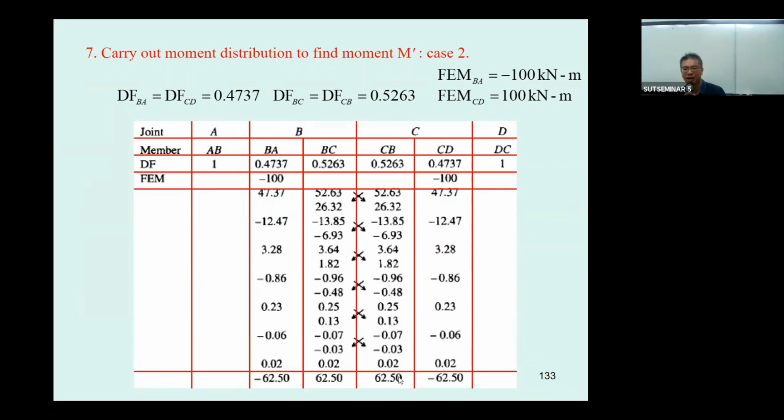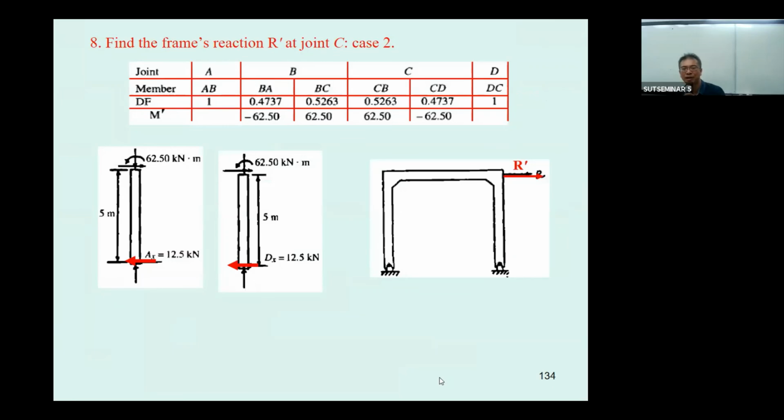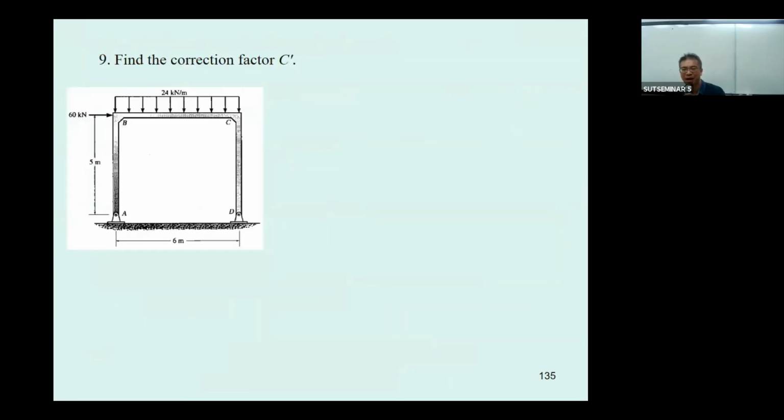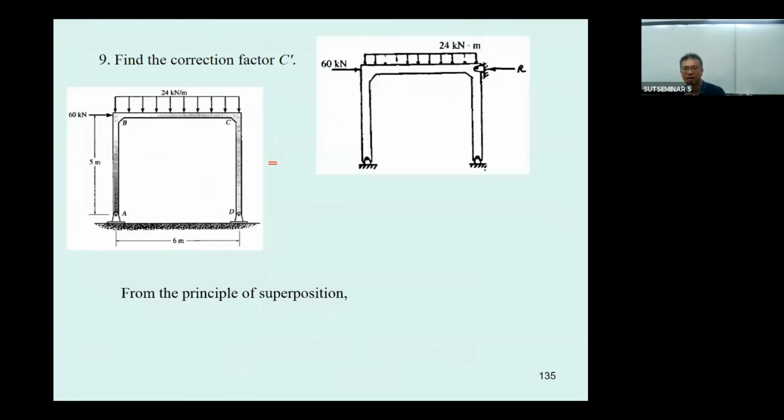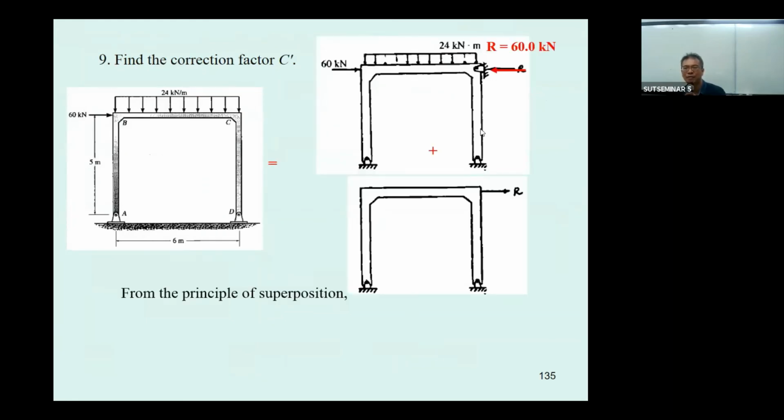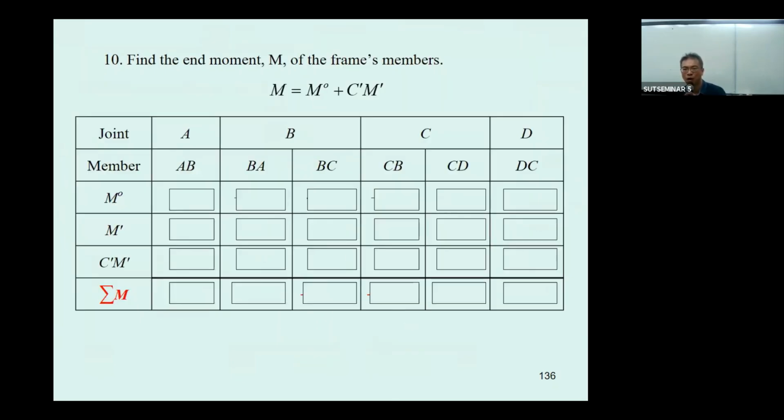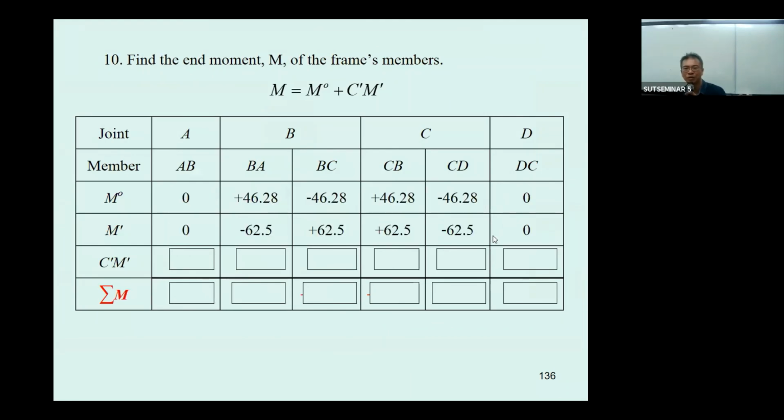The same thing, you get this result 62.5 minus plus and minus. You do the same computation, you get R prime equal to 25, and then the correction factor C prime come from what we have here 60 and 0 equal to 60 minus 25 times C prime. So C prime is going to be 2.4, and then you put everything together.